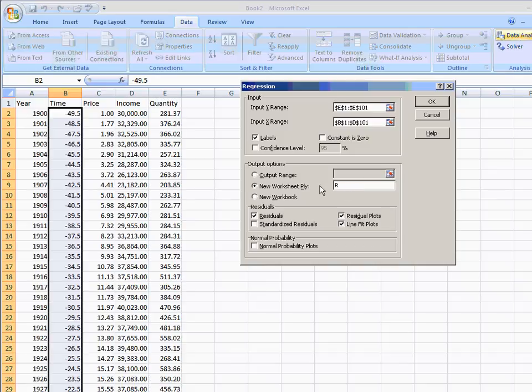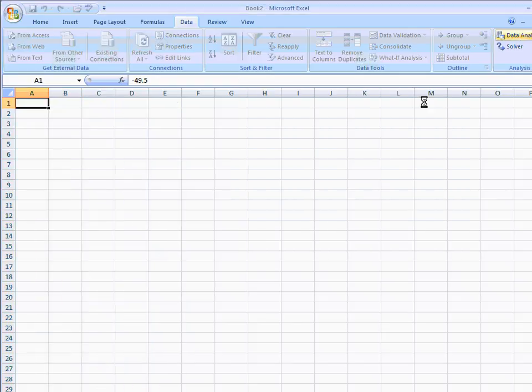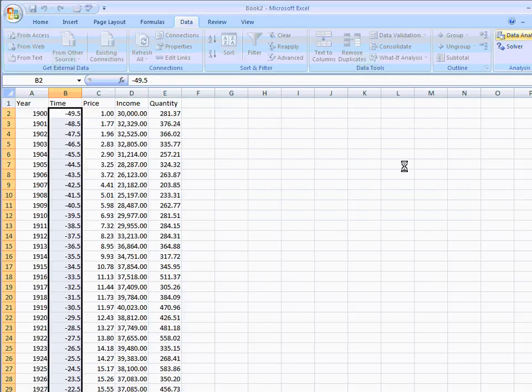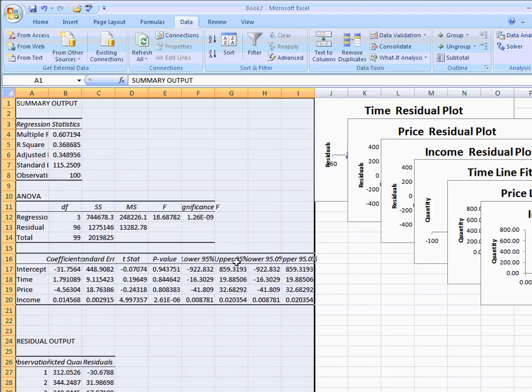So regression 1. And we've got poor adjusted R squared, excellent significance of F. We only have income as significant.